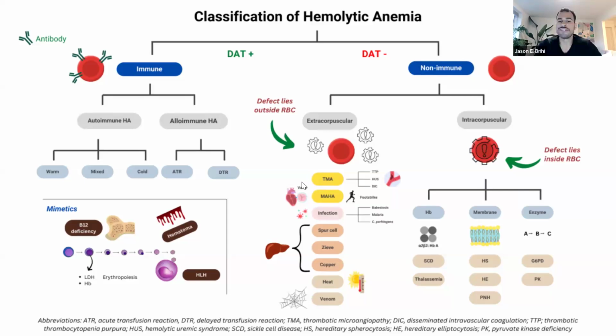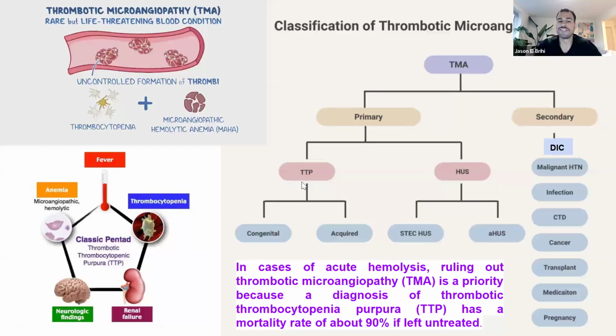I wanted to talk about the TMAs because they are quite life-threatening and also quite exciting. So the TMAs is where you get basically uncontrolled thrombi formation and it blocks up the vessel. And then because there's the blockage of the vessel, when the red blood cells try to travel through, they get broken up, and that's what causes the hemolysis.